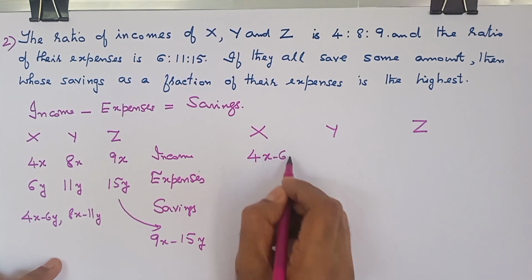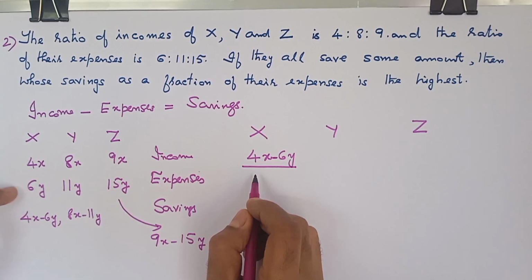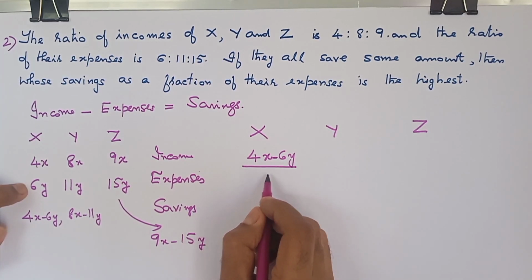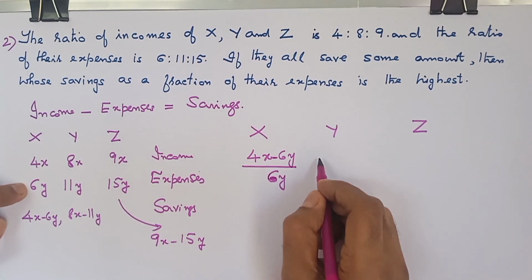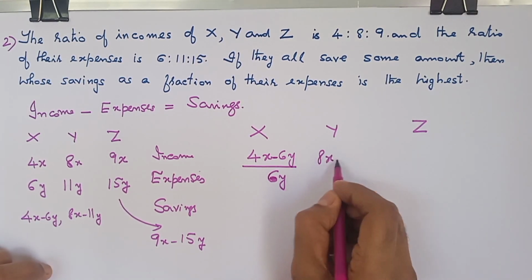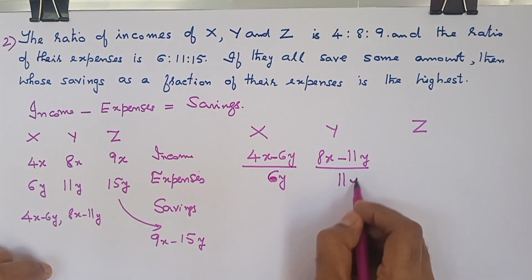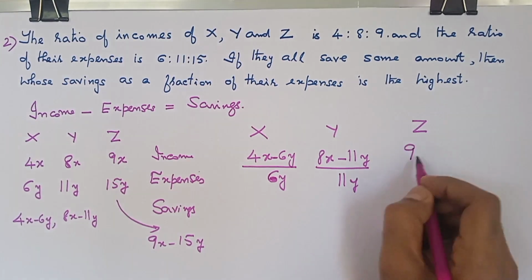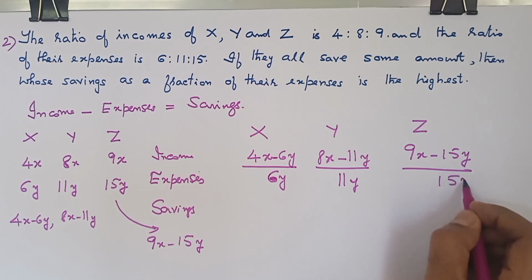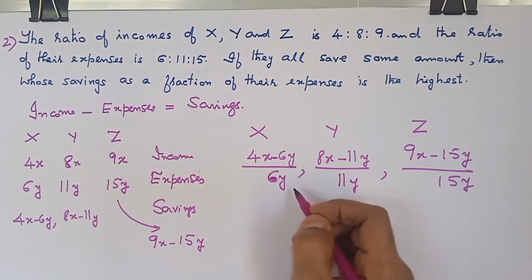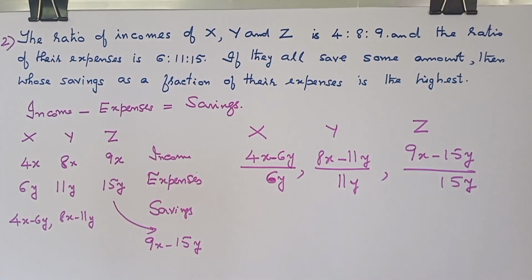Savings of x is equal to this divided by the corresponding expenses, which will be 6y. Similarly, 8x minus 11y over 11y. This is the expense. These are the three required ratios in the problem.